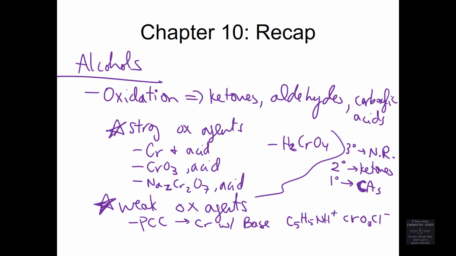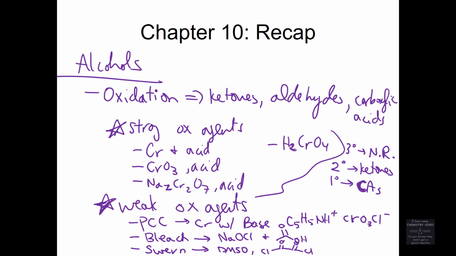PCC, pyridinium chlorochromate. You'll also have bleach as the weak oxidizing agent. That's sodium hypochlorite and acetic acid. You'll also see the Swern oxidation as a weak oxidizing agent. That's DMSO and oxalyl chloride.